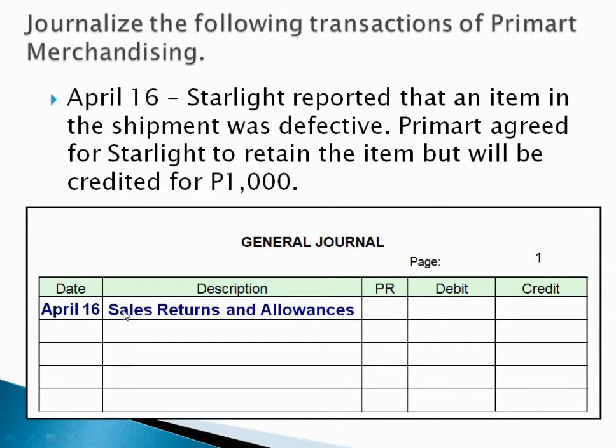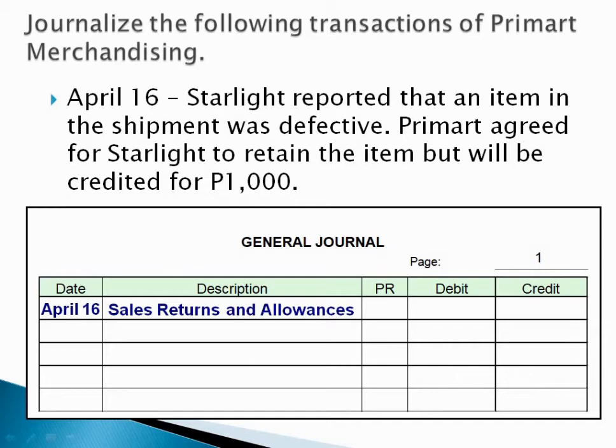That's why this account name is not just sales returns, but sales returns and allowances, to include not just a return, but also a reduction in the price of merchandise, not because of trade discount or cash discount, but because the item was defective.